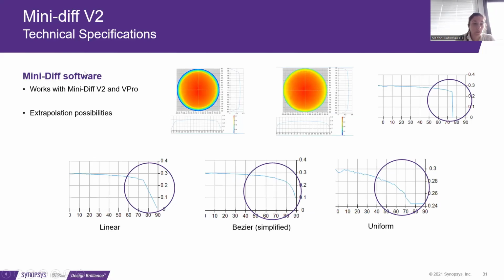Regarding the MiniDiff software, it works with the MiniDiff V2 and the MiniDiff VPro. You have different extrapolation possibilities. For example, here it's a measurement without any extrapolation. Here you have a linear extrapolation, a Bézier extrapolation here, and a uniform extrapolation here.